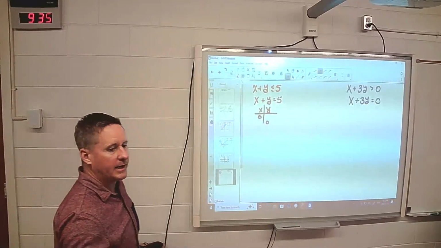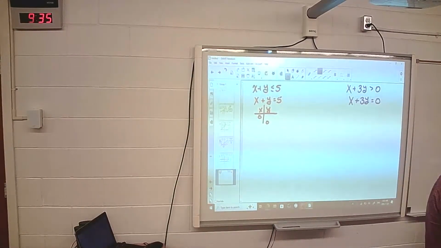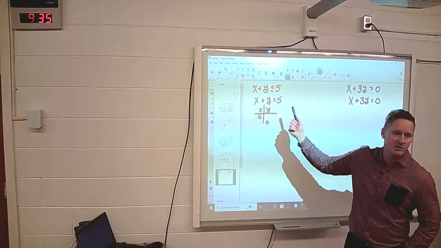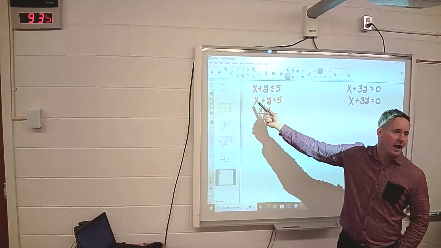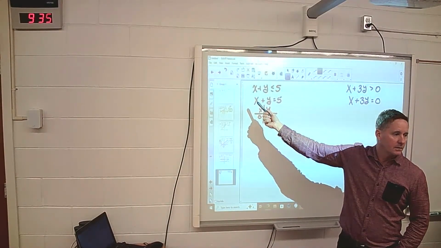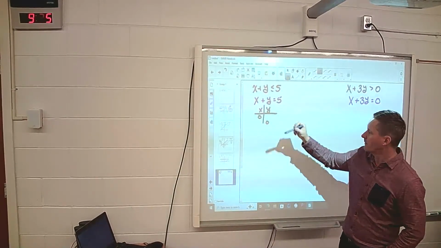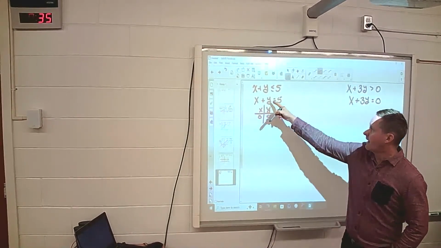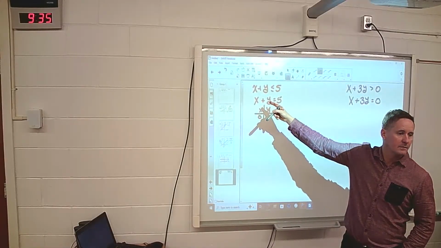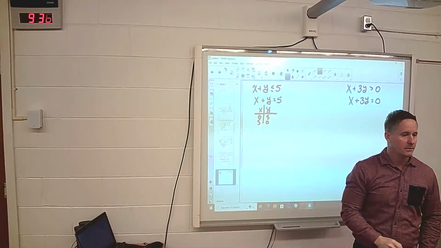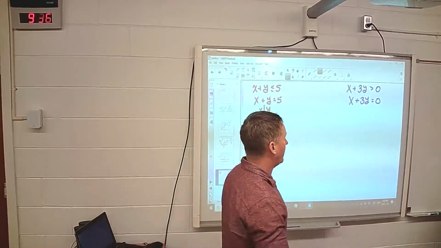Again, what is an intercept? Where it crosses the axis, x-axis or y-axis. How do I find it? Well, I put 0 in for one of them and solve for the other. If I put 0 in for x, what does y equal? If I put 0 in for y, what does x equal? 5. So I'm going to graph those two right now.